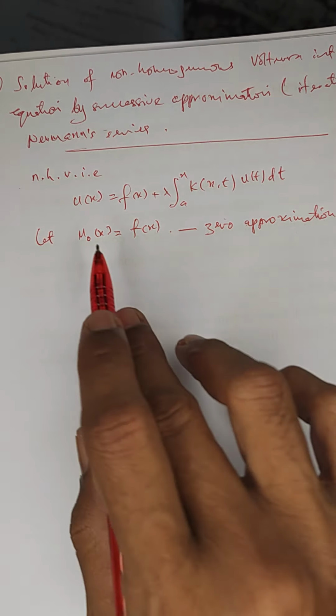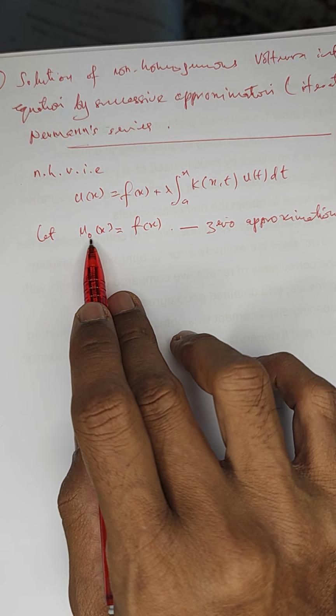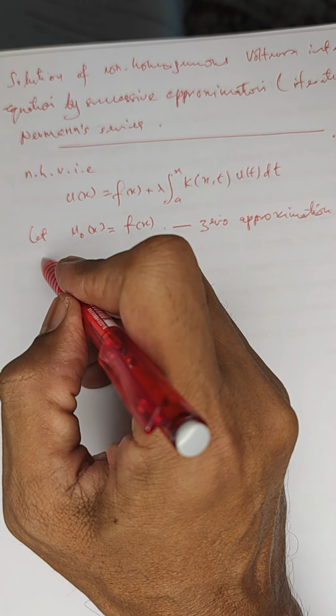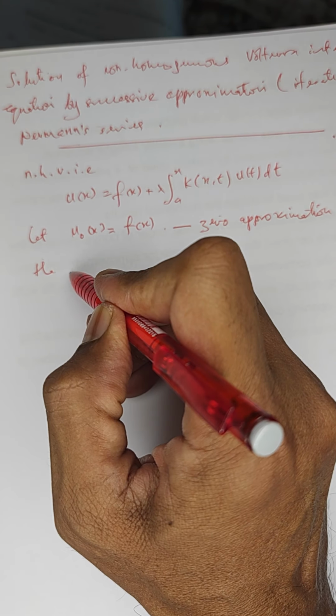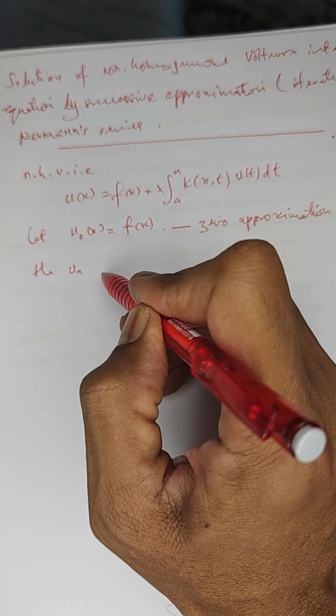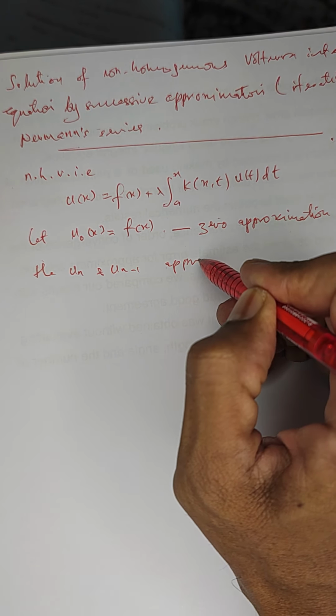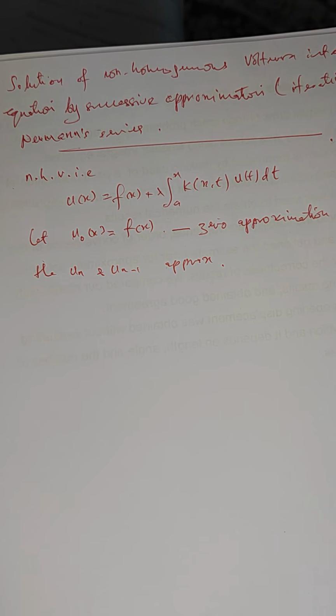Okay, so this is the zero approximation, then the next, the n-th approximation and the (n minus 1)-th approximation.